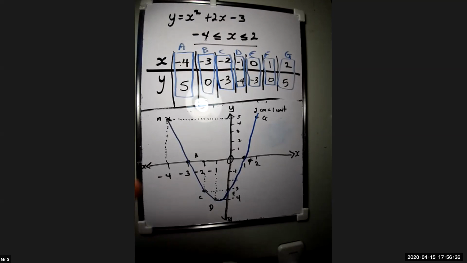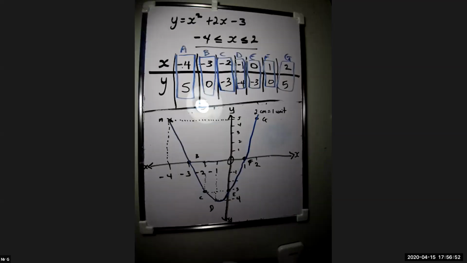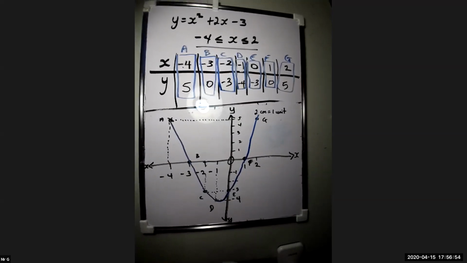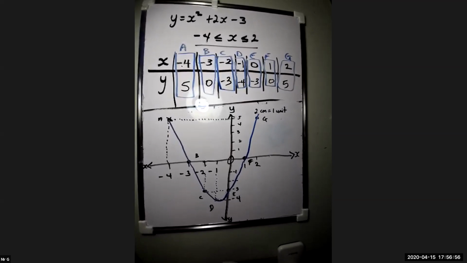But you see, Maria, your graph has a point. You see how mine is curved here? Yours has a point. Okay, so just be careful about that. Okay, so let's move on now.